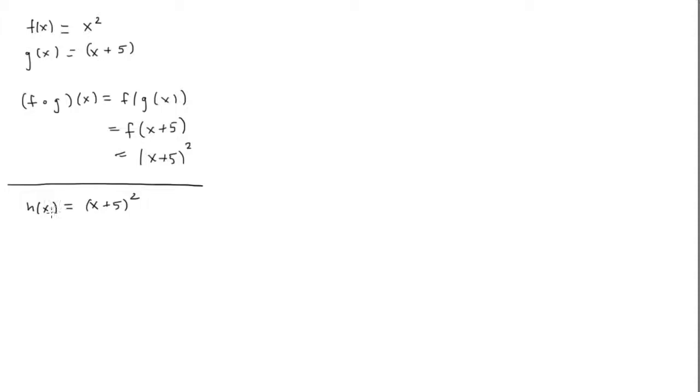Can we decompose this back into two simpler pieces that get composed together? Yes, if you let f of x equal, say, x squared, and g of x equal x plus 5, then h is f compose g.